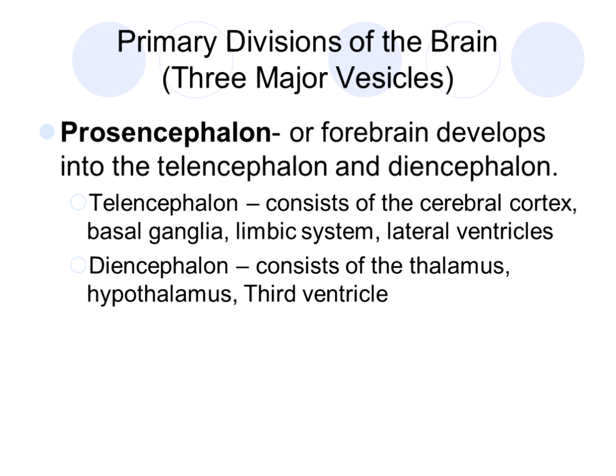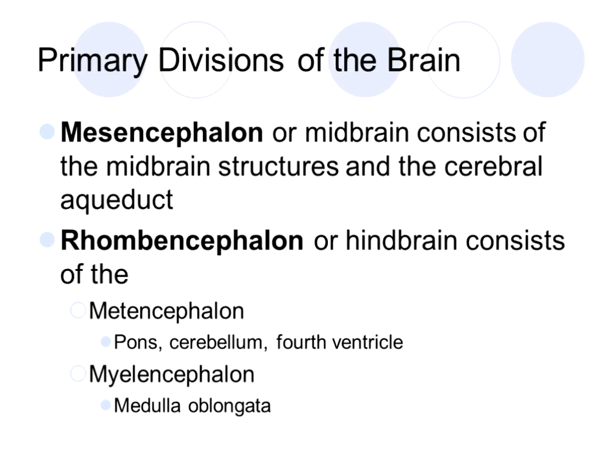But the prosencephalon is the forebrain that develops into the telencephalon and the diencephalon. You must know these structures. So I need you to learn them, okay? Because you will be tested on this. You also have the mesencephalon. And the mesencephalon refers to the midbrain.